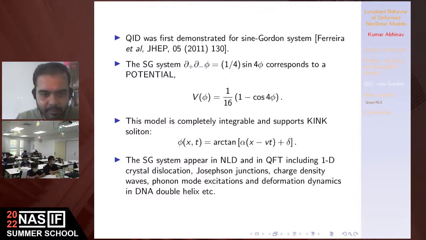So before proceeding, the Sine-Gordon system is actually very important. It appears everywhere in nonlinear dynamics, in quantum field theory. It represents many collective modes in known systems. Then in condensed matter, like in crystal dislocations, Josephson junctions, charge density waves, phonon mode excitations, and even in biology, in DNA double helix dynamics, it's used everywhere.